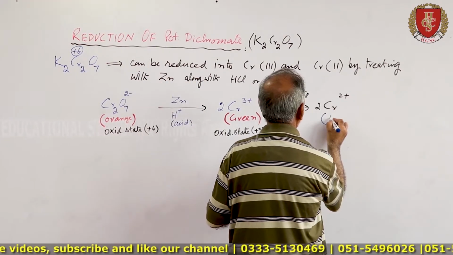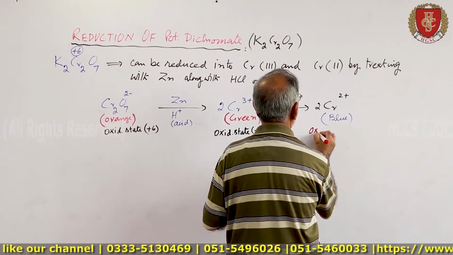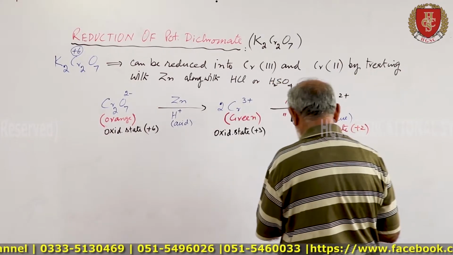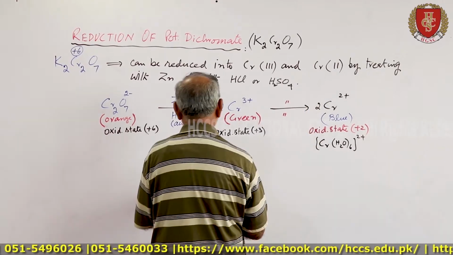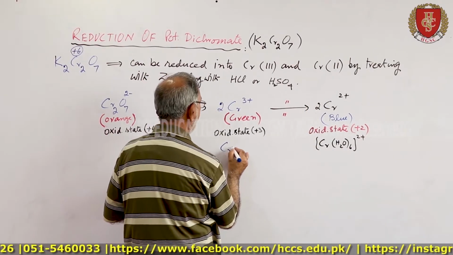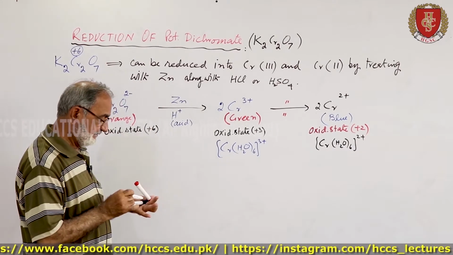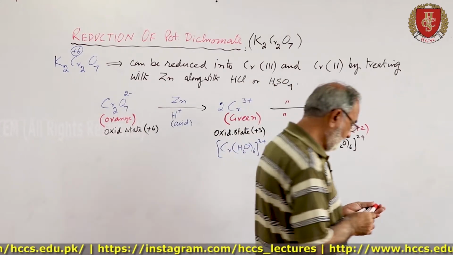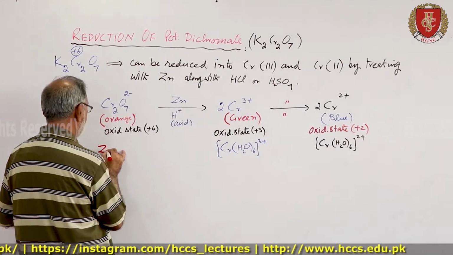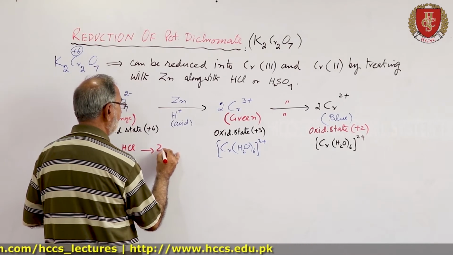Cr2+ is blue, and oxidation state +2. This may be in the form of Cr(H2O)6 2+, and this may be in the form of Cr(H2O)6 3+ with +3 oxidation state.